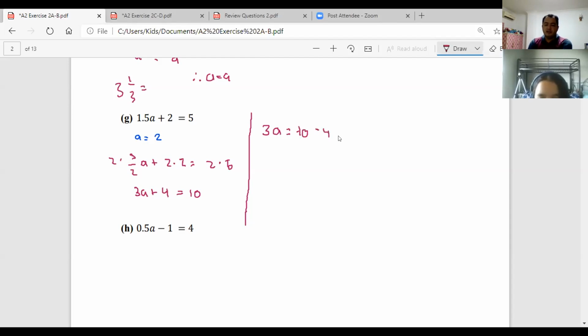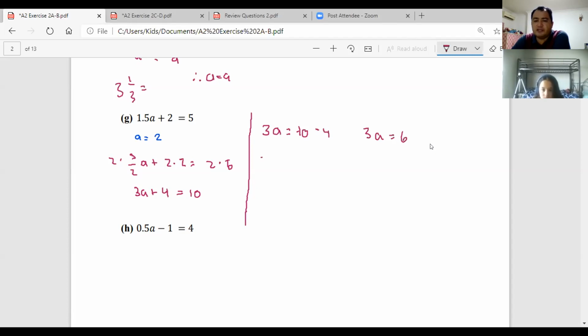Shahina, you are practicing. Let's do step by step. Later, you can do this mentally, okay? So 3a equals. Why are you writing so slowly? I don't want to press this button, which makes it go. Okay, maybe as you practice more, you get faster, hopefully. What is 10 minus 4? That's 6. Okay, write 6 quickly.